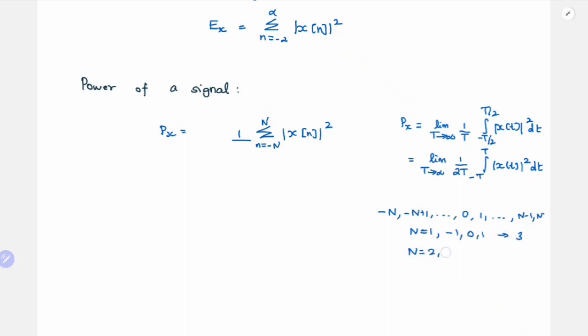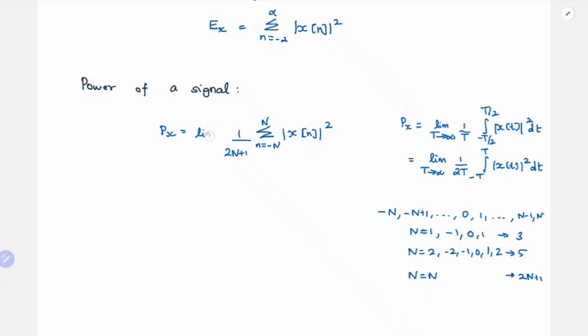N equal to 2, minus 2, minus 1, 0, 1, 2, 5 terms. So for N, we'll have 2N plus 1 terms, right? It's not 2N, it is 2N plus 1, because we are also including the 0.